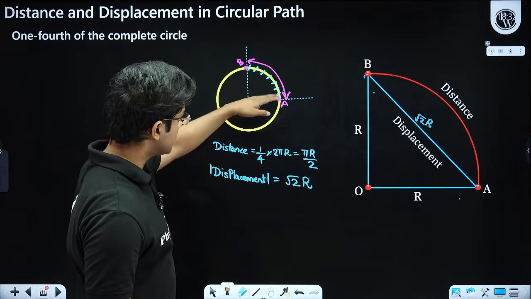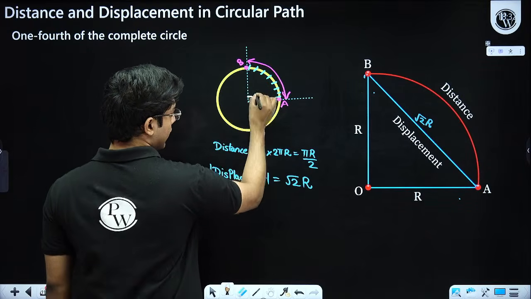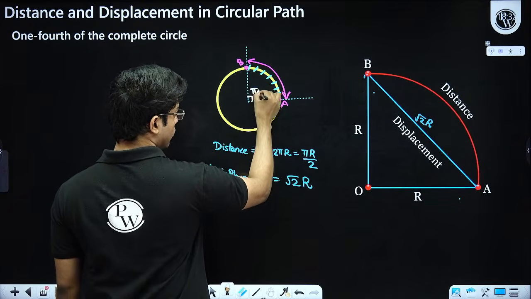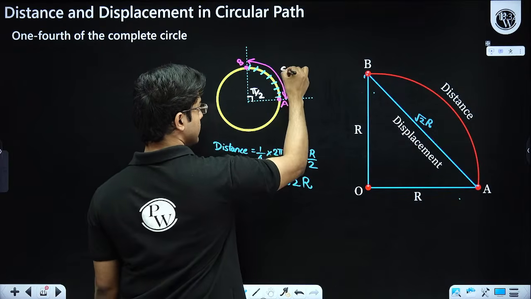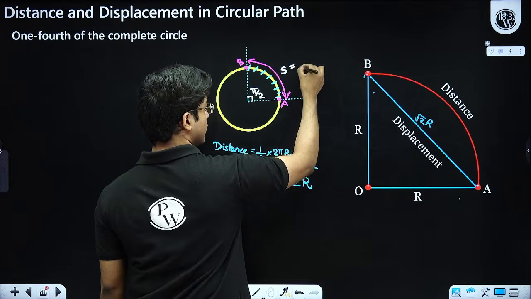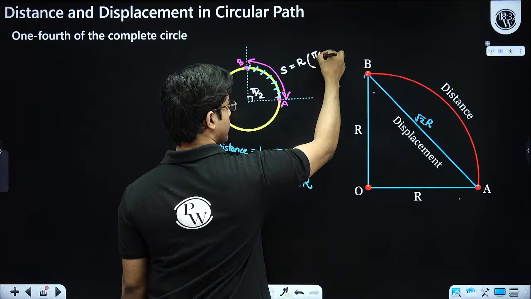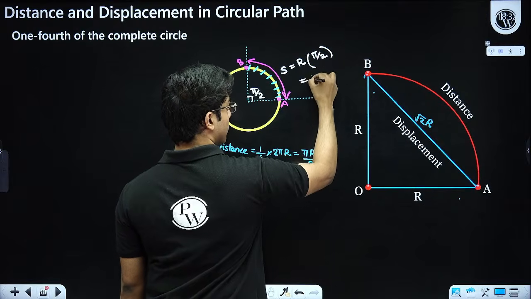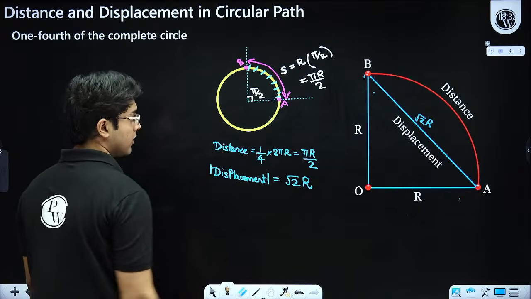In the quarter circle, this arc subtends 90 degree at the center. Now 90 degree is pi by 2 radians. So the arc length will be radius into angle in radians, pi by 2, which is going to be pi r by 2. Same answer we got using this logic, right?